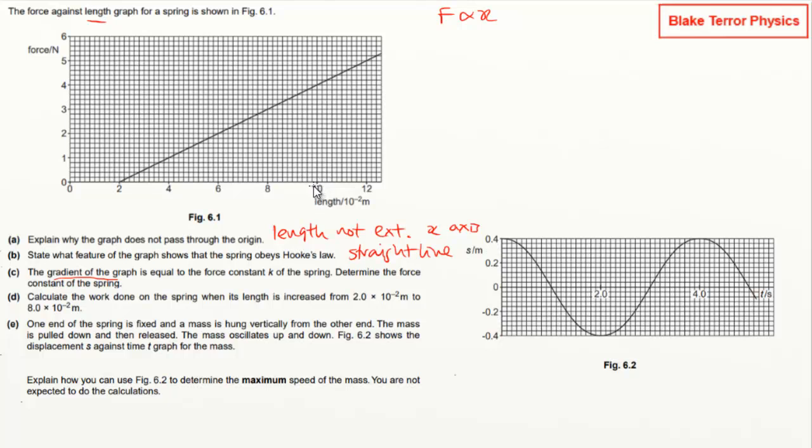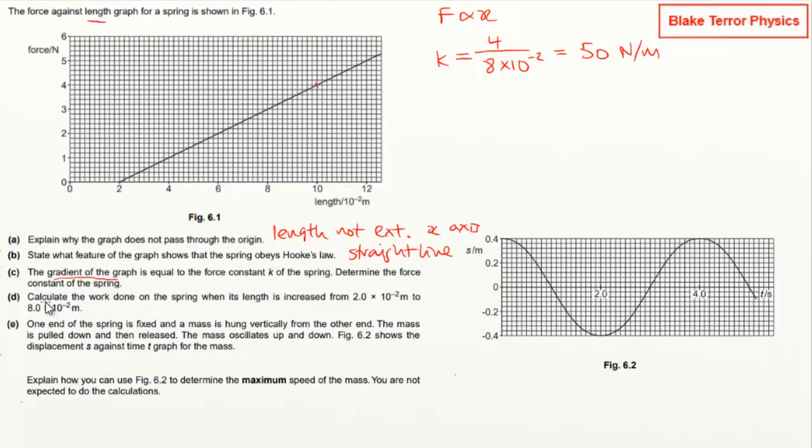We don't really need the gradient as such. We go through here, so that's going through 4 newtons. But remember, we have to take the 2 off because we need the extension, not the length. So the force constant will be 4 divided by 8 times 10 to the minus 2, which is going to be 50 newtons per meter.